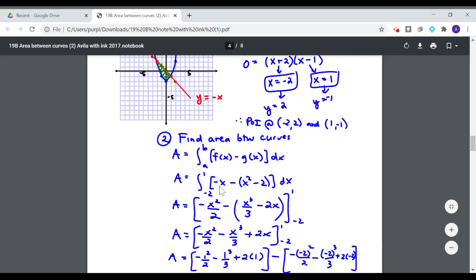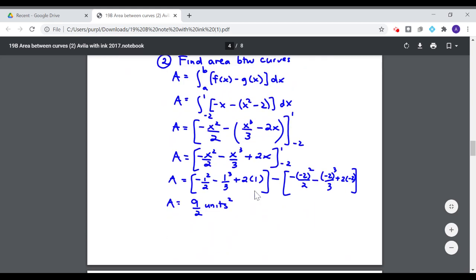If I integrate these, I'm going to get negative x squared over 2, and here I'm going to get x cubed over 3 and 2x, and I'm subtracting those. So I expand that here, and then I'm going to evaluate them when x equals 1 and when x equals negative 2, and subtract those results, and I end up with 9 over 2 units squared.